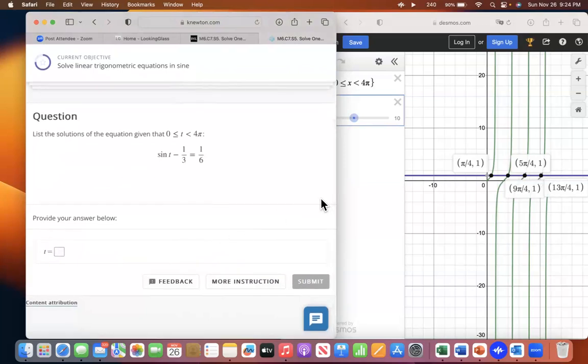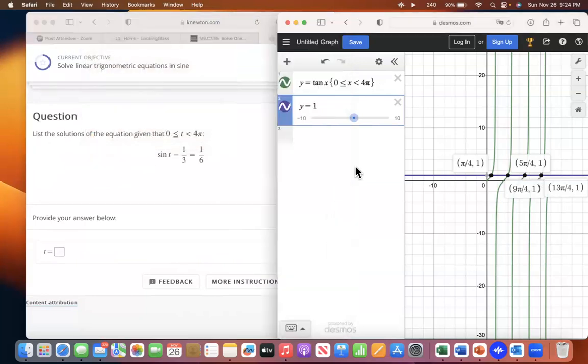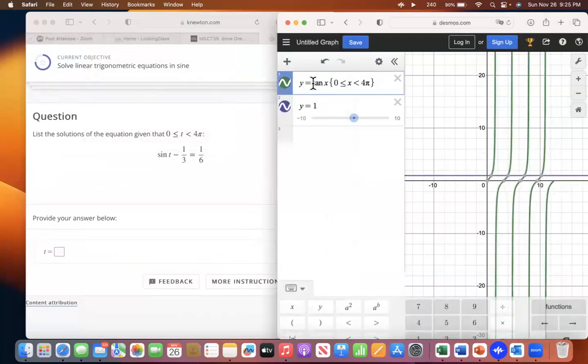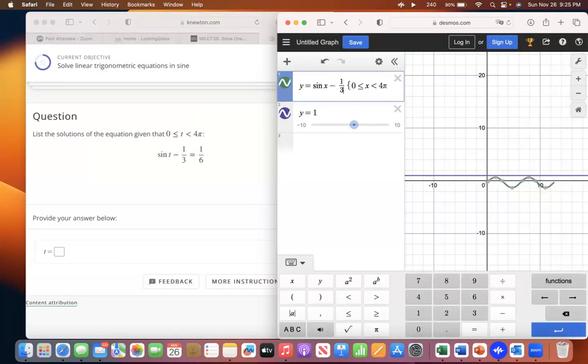Would this one be what I would put in for the top bar? Yeah, you put in a sine x minus 1/3, and y equals 1/6.